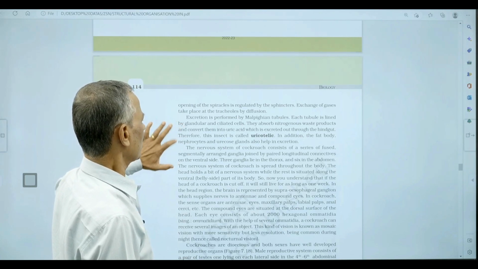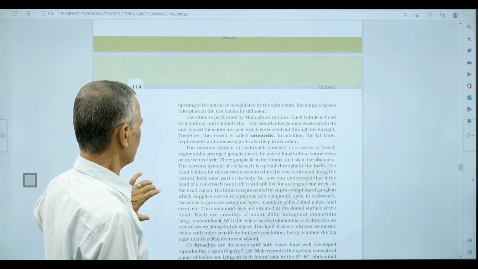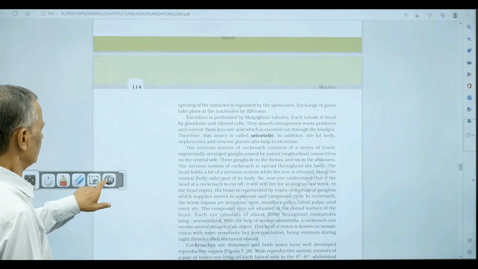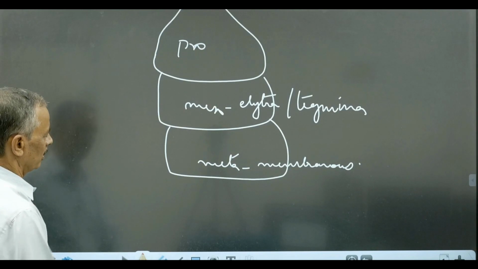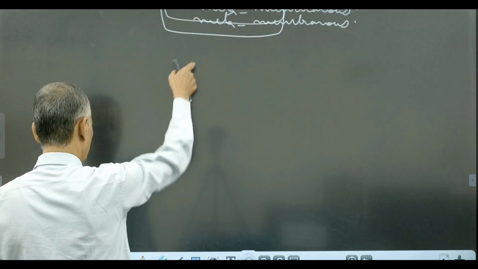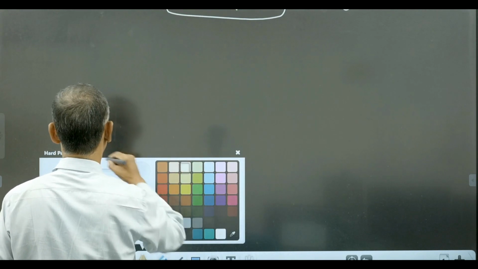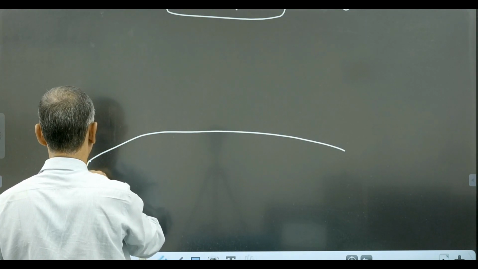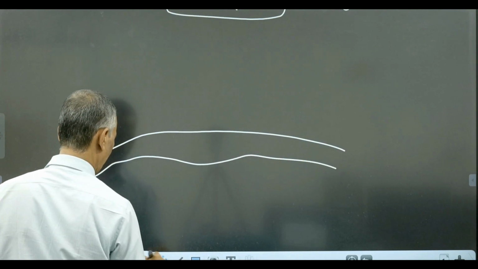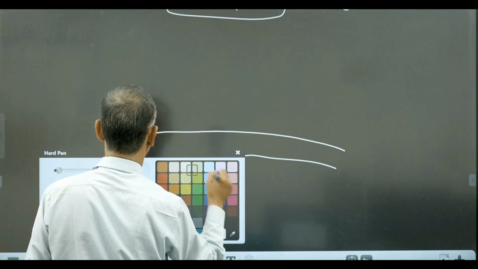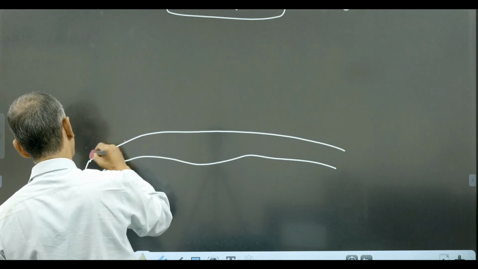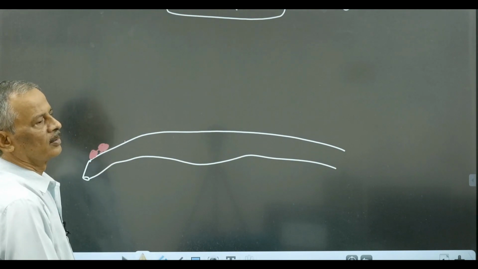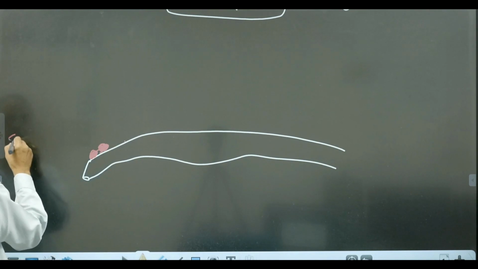Okay. Coming to the nervous system, in cockroach, in advanced invertebrates, you have a typical nervous system consisting of a nerve ring. What is that nerve ring? The nerve ring is a ring around the alimentary canal. For example, this is the alimentary canal. Mouth leads to the pharynx. And around that, you have a nerve ring. That nerve ring has a pair of ganglia lying over the esophagus, so it's called supraesophageal.